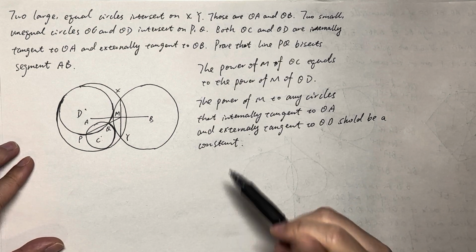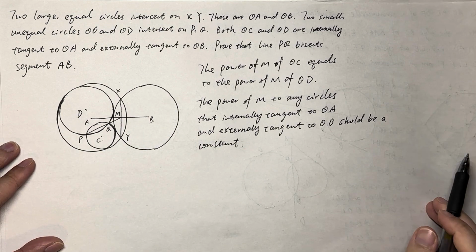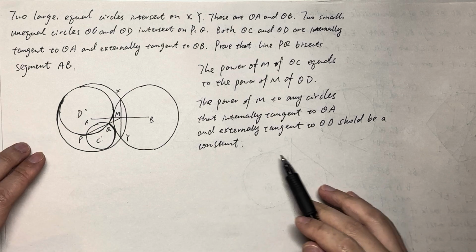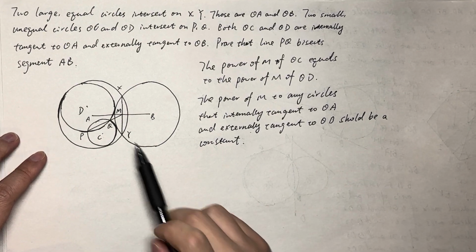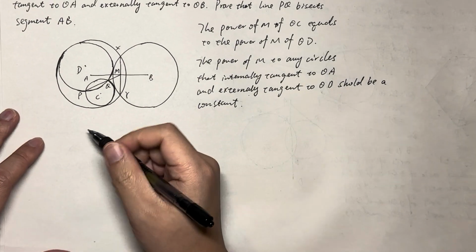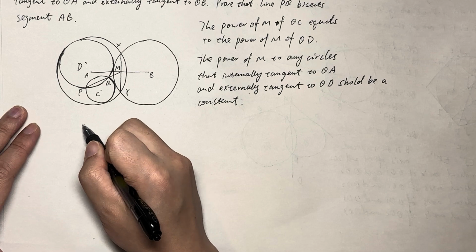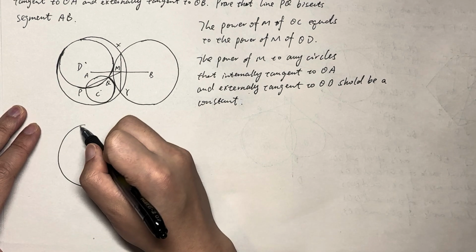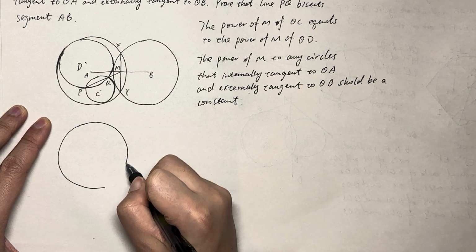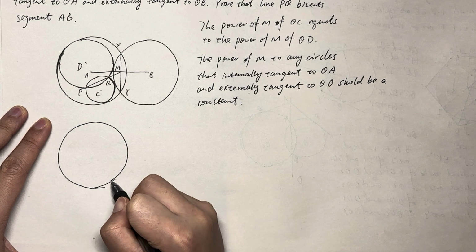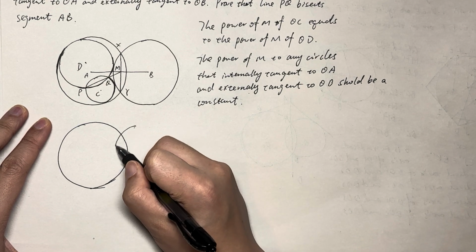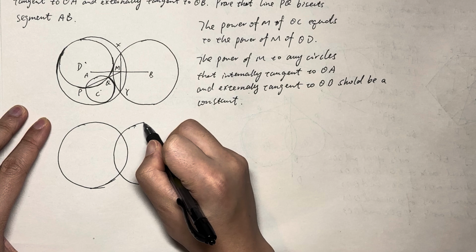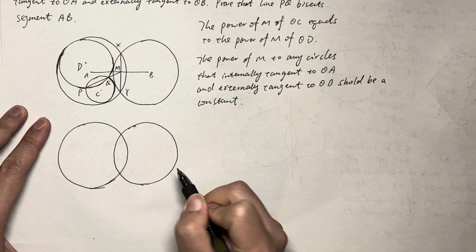So let's simplify this figure, because we don't need D anymore, we just need three circles. Let's redraw it again. One circle is here. Another circle is here.